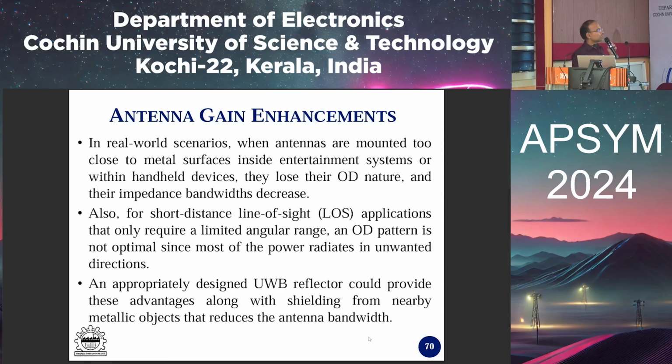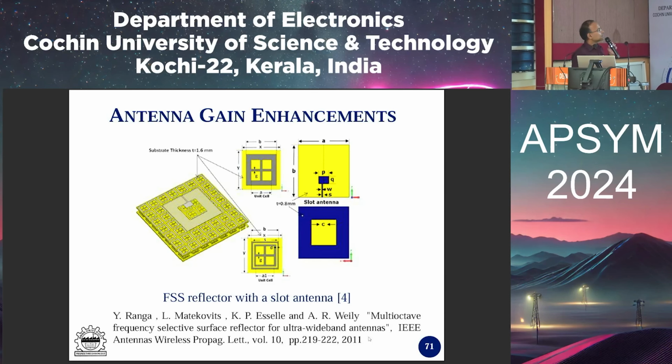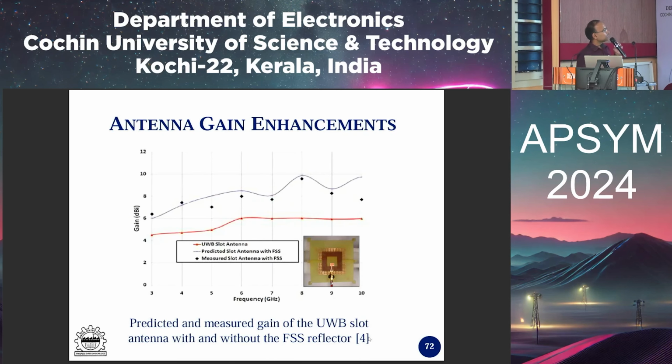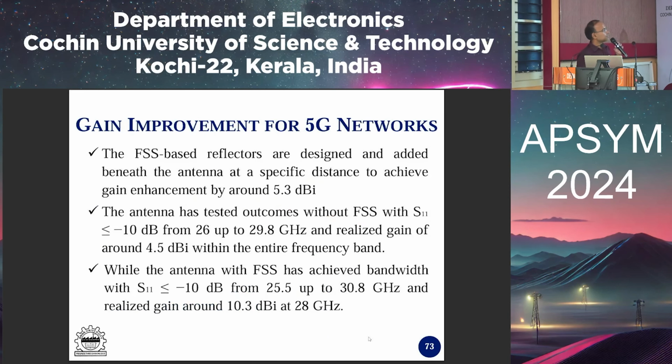To overcome that, we go for antenna gain enhancement with the help of this FSS, where we have this antenna, an ultra wideband antenna, and beneath that we have this FSS. This FSS in turn reflects the signal incident on it, and that will add with the emitted electromagnetic wave in phase, leading to constructive interference and finally enhancing the gain of the antenna. This is yet another application.